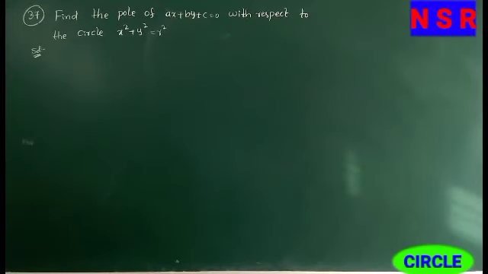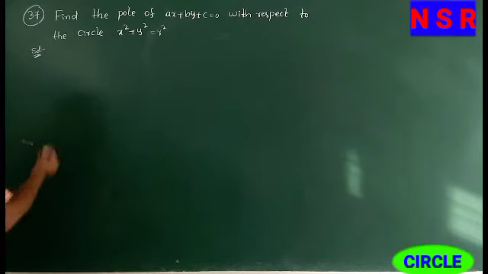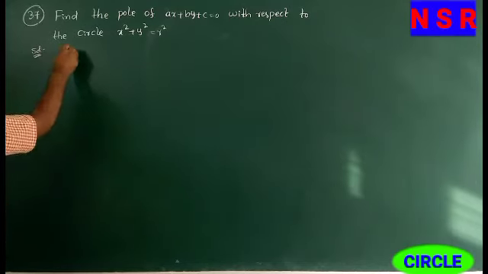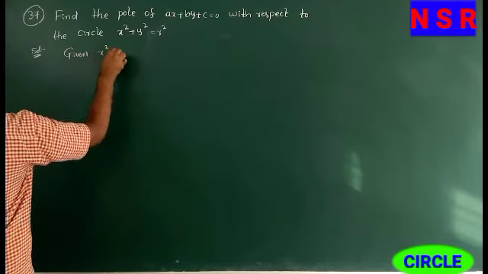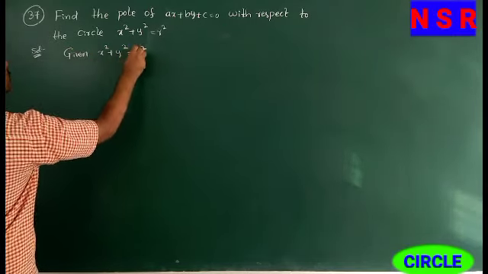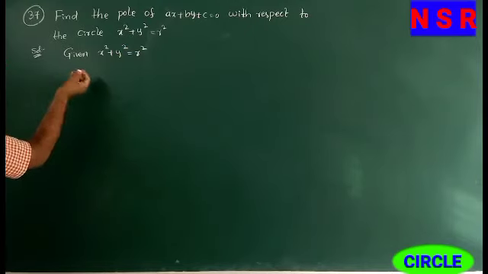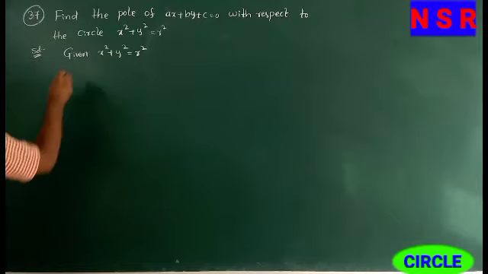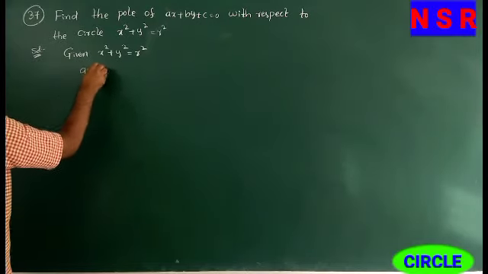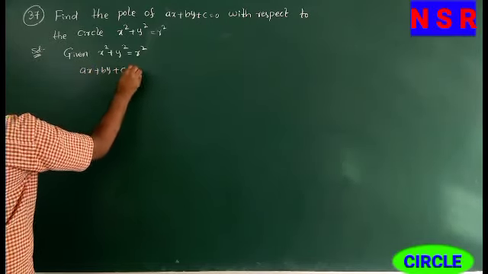So next, find the pole of ax plus by plus c equal to 0 with respect to the circle x square plus y square equal to r square. Here the given circle equation is x square plus y square equal to r square. So here the center is 0 comma 0 and the radius is r, and the given line is ax plus by plus c equal to 0.